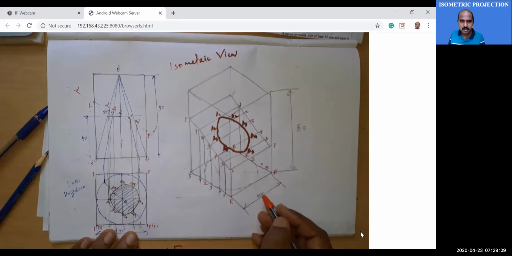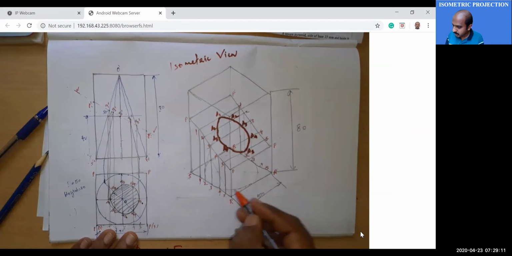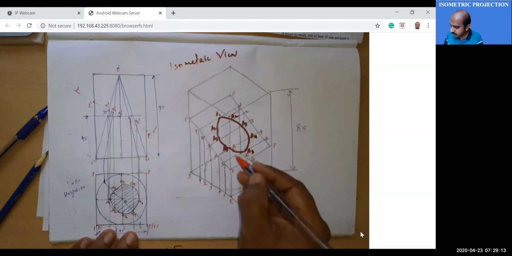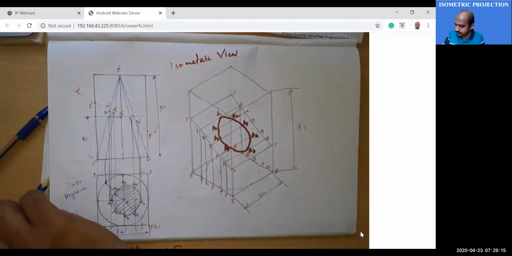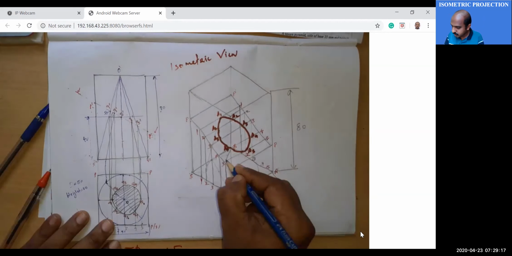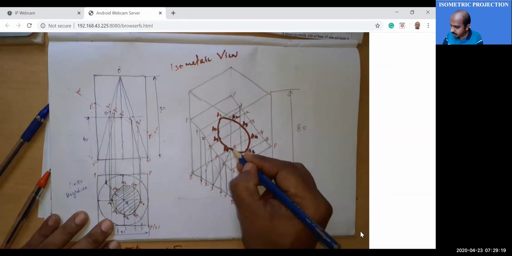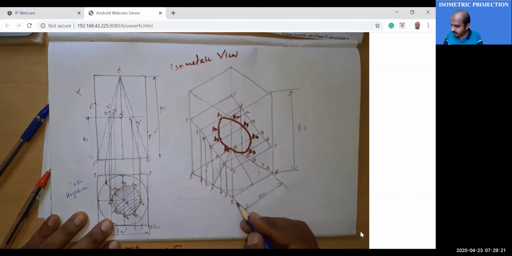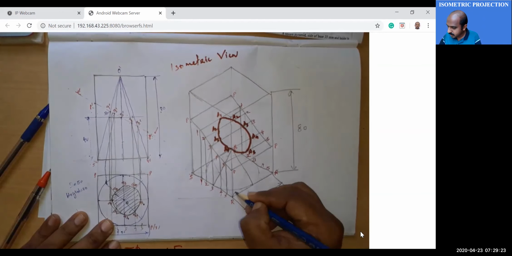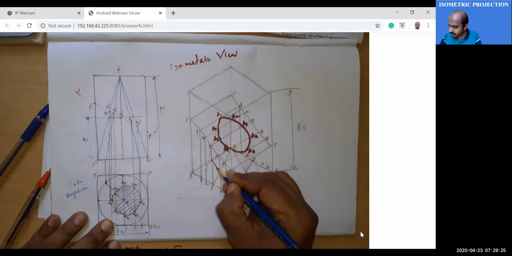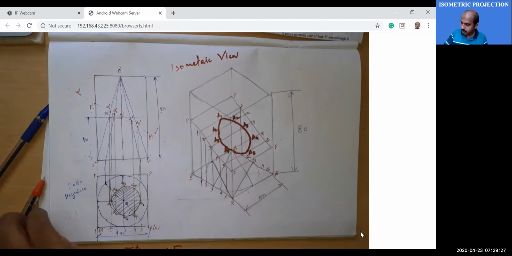What to do? Here you can connect from... So I think I'm not explaining. Okay, from S to 3 you can draw lines. So let it be S to 3, the middle of that point. Then from here also 3 to 4. So you connect it.